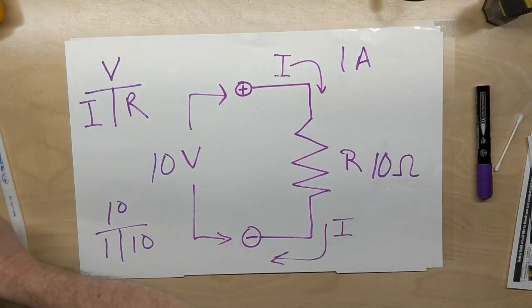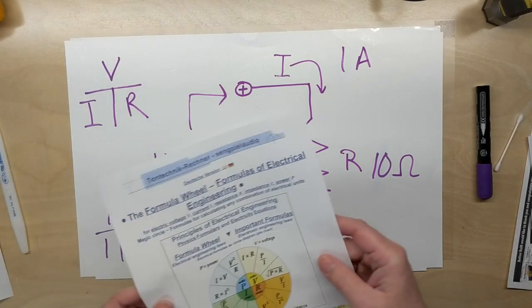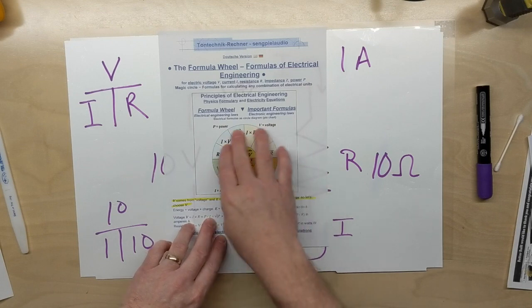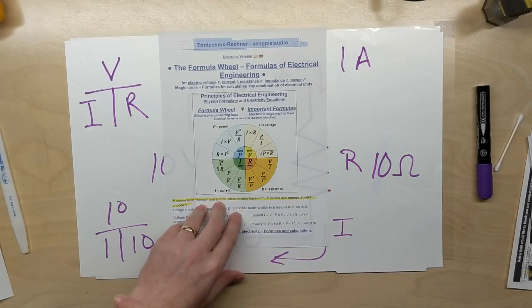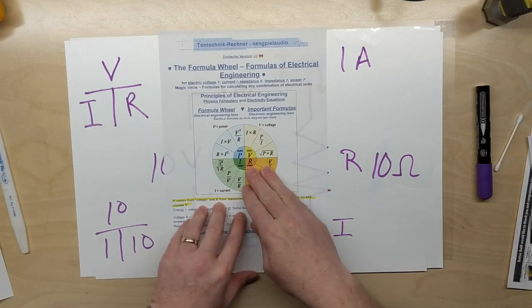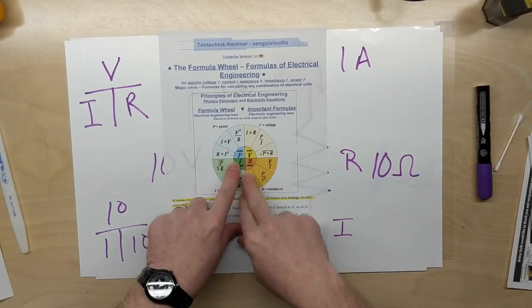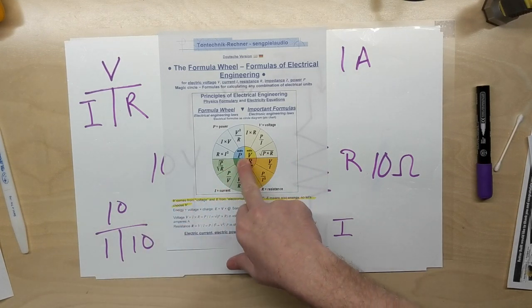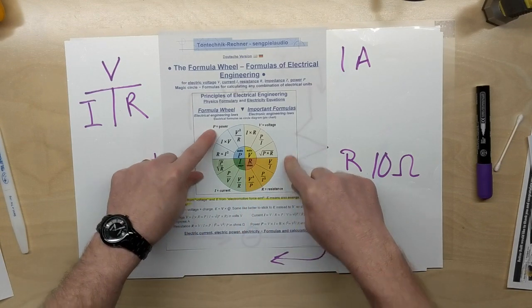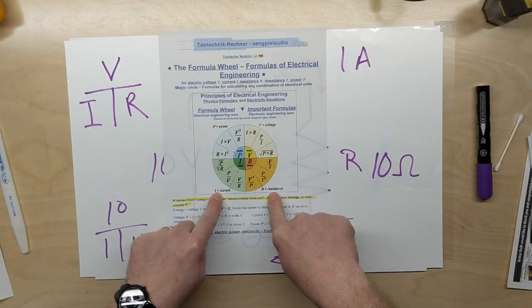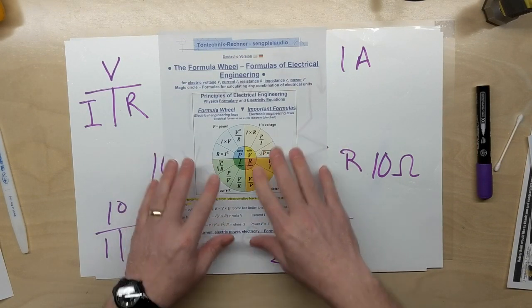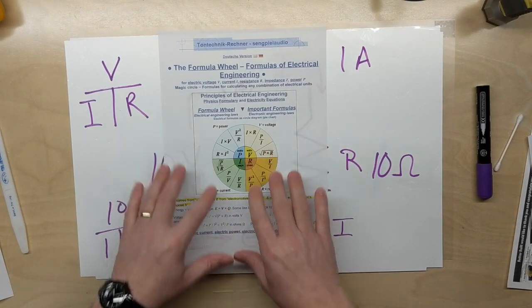It's beyond the scope of this lesson, but I do want to share, I found this on the internet. It's just a good way of showing the formula wheel. It looks a little more complicated, but it's not really any more complicated. It just has an extra spot called watts, or P for power. So we can solve for power, voltage, current, and resistance. Once you understand this wheel, you can calculate even your wattage.